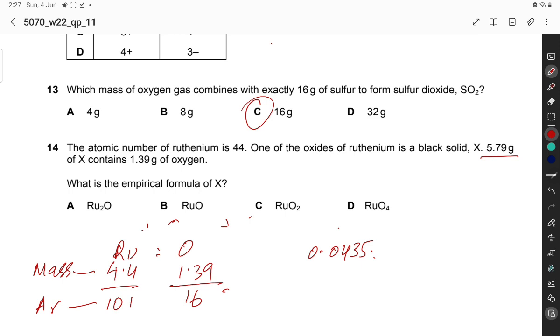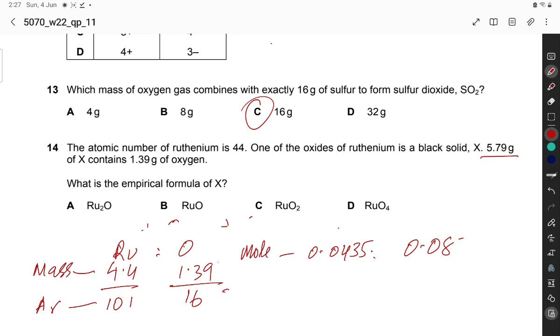0.0435, ratio 1.39 divided by 16 is equal to 0.08. So this is mole.